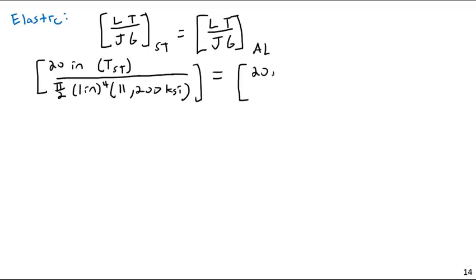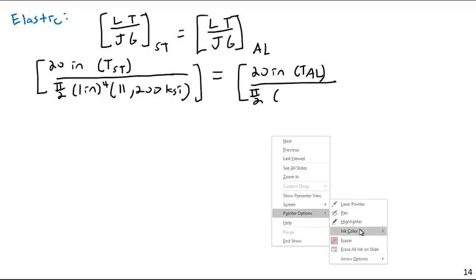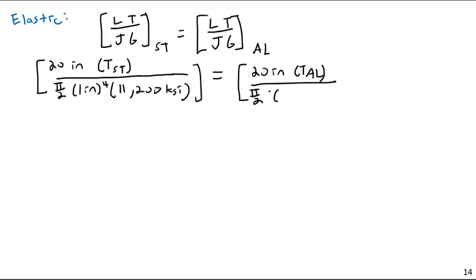So this is 20 inches times T aluminum over pi over 2 times, I'll make that a bracket instead of two parentheses, 2 inches to the fourth minus 1 inch to the fourth, like so.